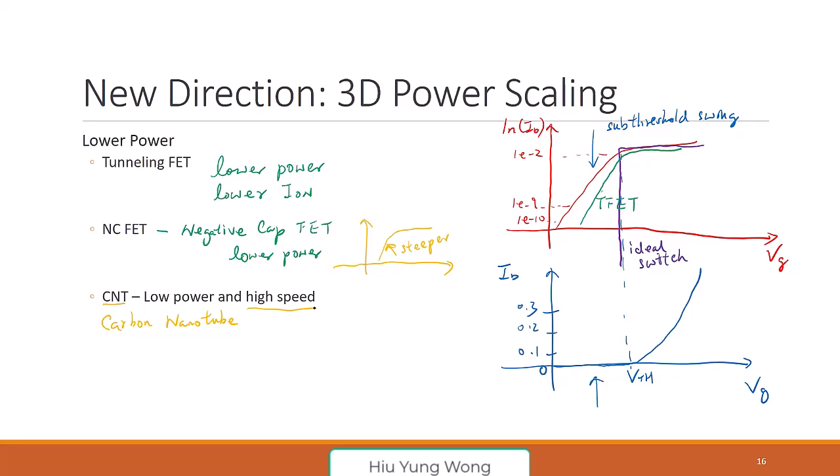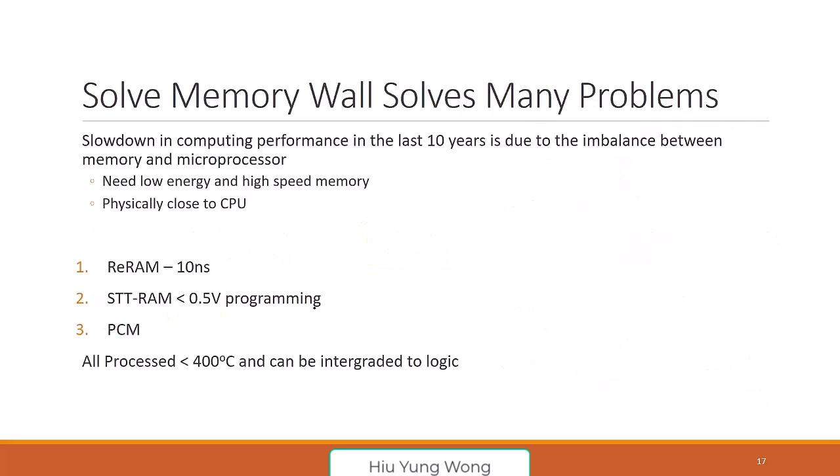We won't study in this class, but anyway, I hope you're aware that these are going on, right? And then for memory, how do we do that? We come up with some new memory: resistive memory, spin transfer torque memory, phase change memory. We are going to cover in this class also.